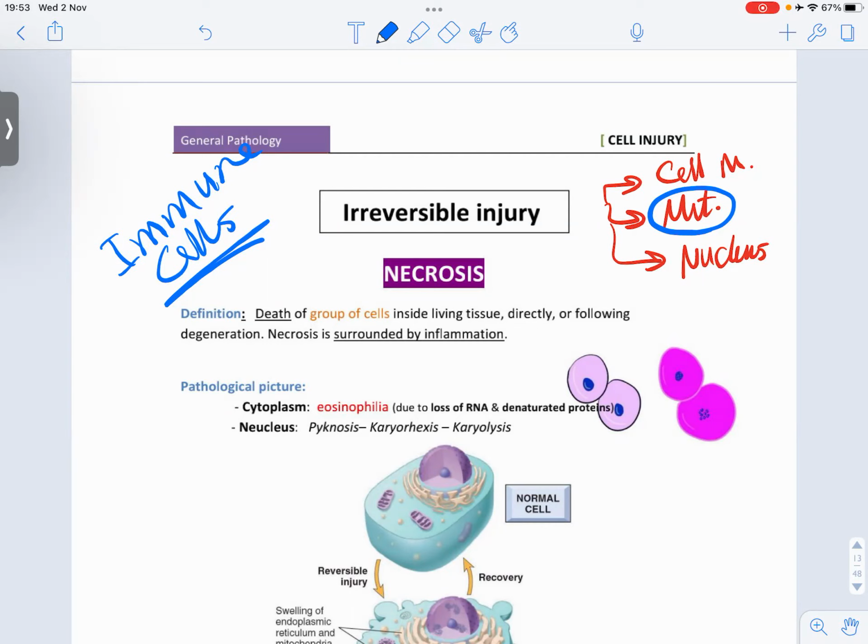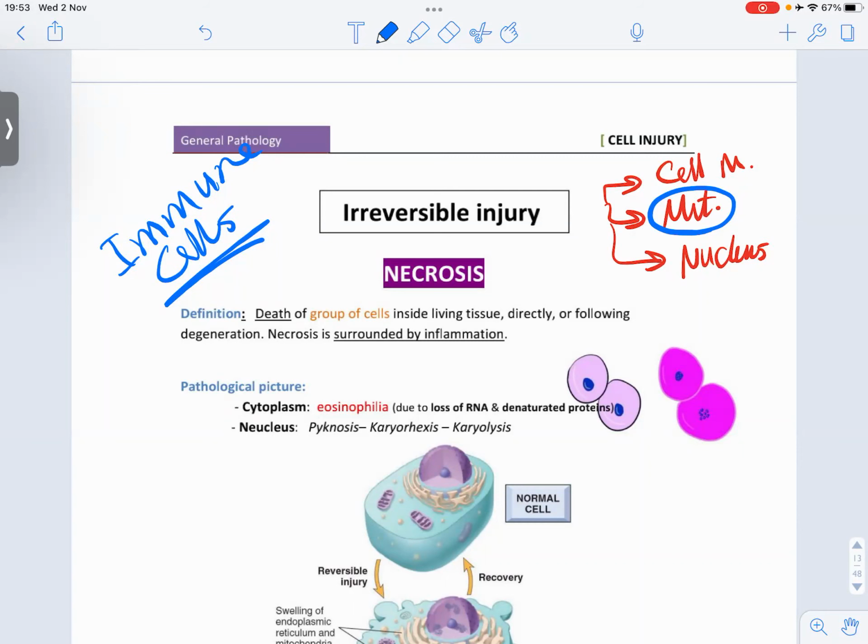So the T lymphocyte and the macrophage will go to the site of necrosis and start to produce some inflammatory mediators to kill this group of cells. So of course the necrosis will be surrounded by inflammation due to the effect of the immune system and immune cells.